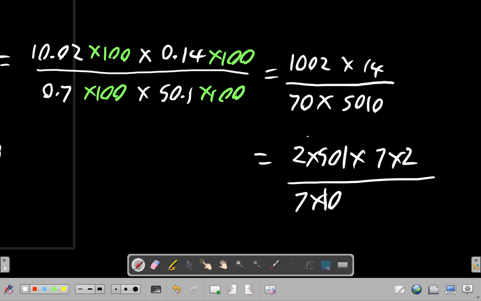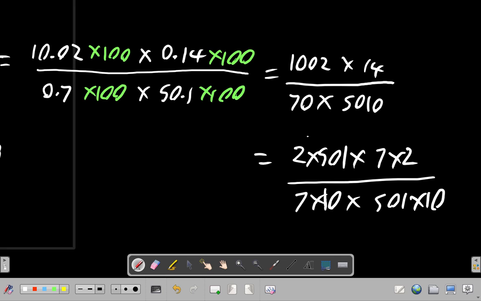Remember, I'm explaining it in detail. What is 5010? 5010 is really 501 times 10. You see that? So what you have now is this.